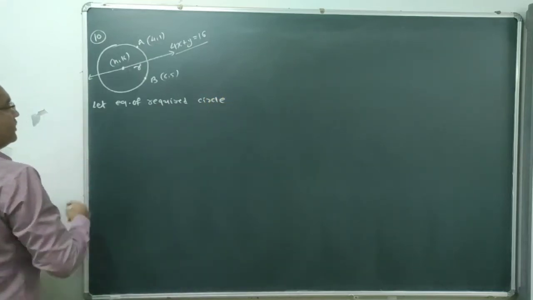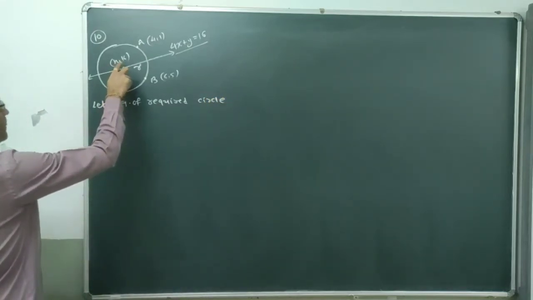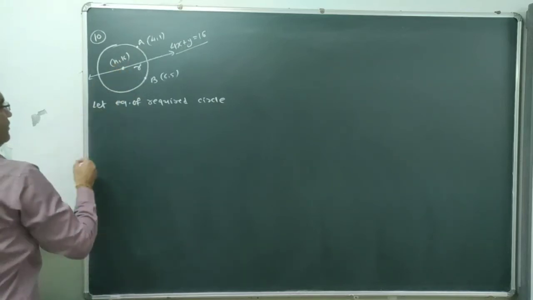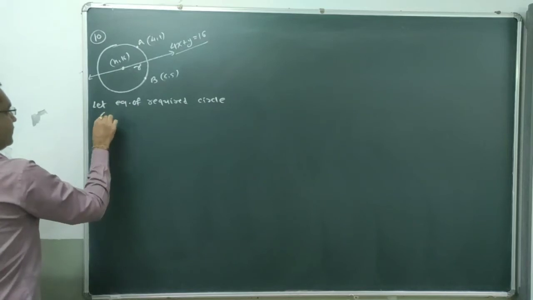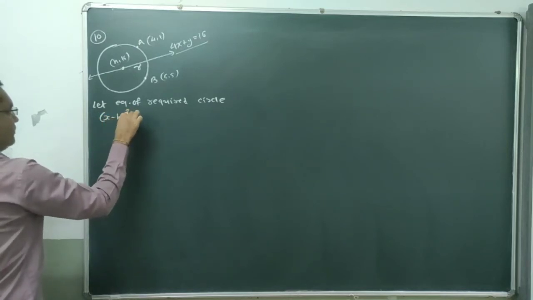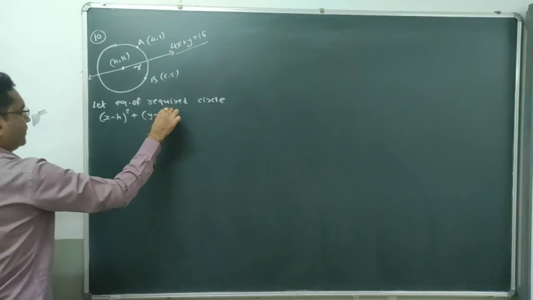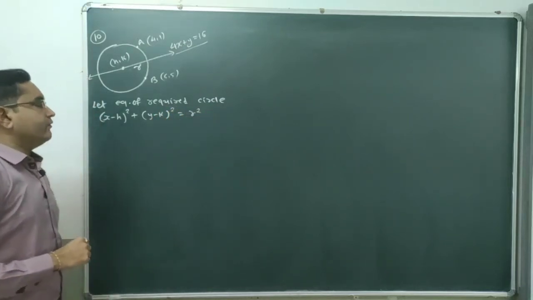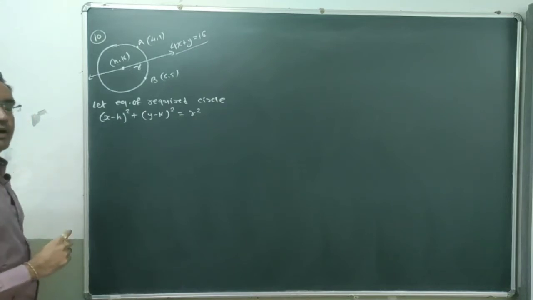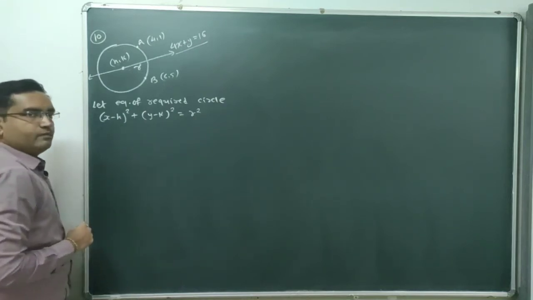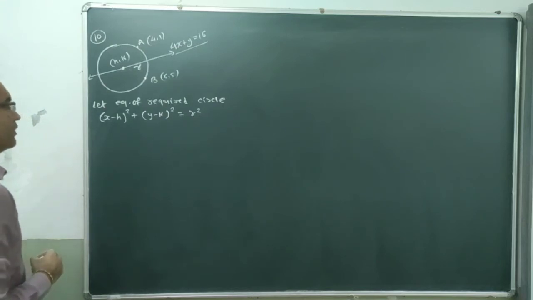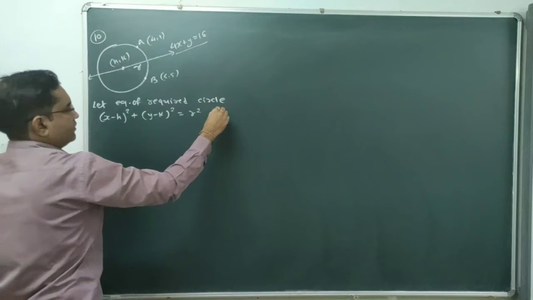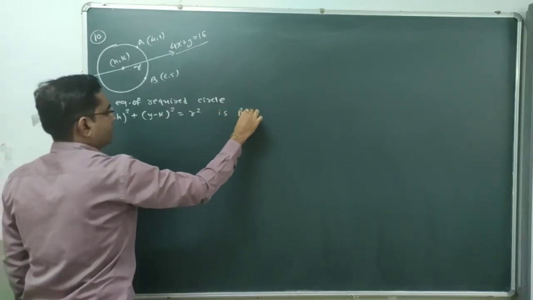Here we assume that coordinates of center of circle are h comma k and radius is r. So equation of required circle is x minus h whole square plus y minus k whole square equal to r square. Now this circle is passing through 2 points.